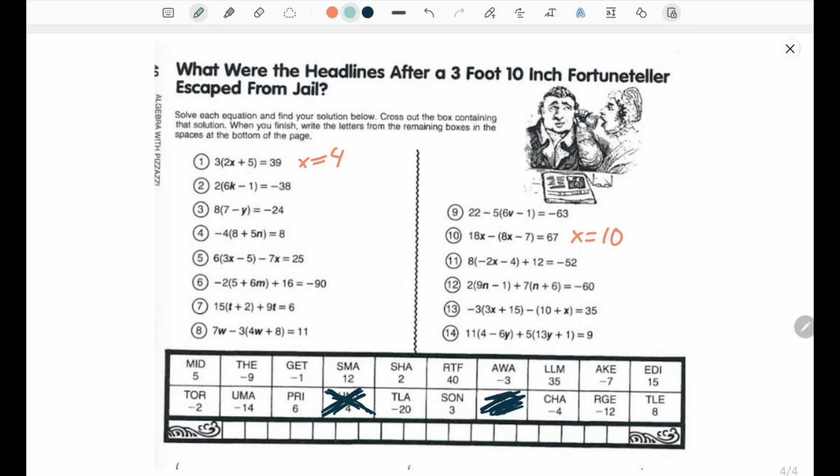So, for example, maybe you were left with this box, and this box, and then you'd write those letters down at the bottom in order. Of course, those 3 I picked are not going to be the correct answers because the letters wouldn't make sense there. But hopefully you'll be able to find something that reads and makes sense.